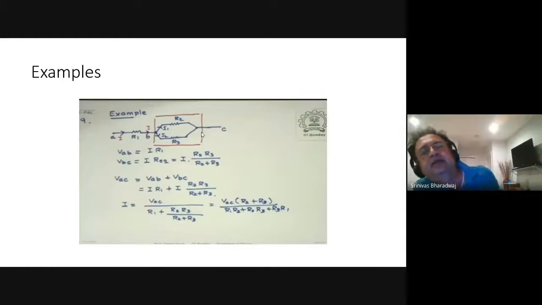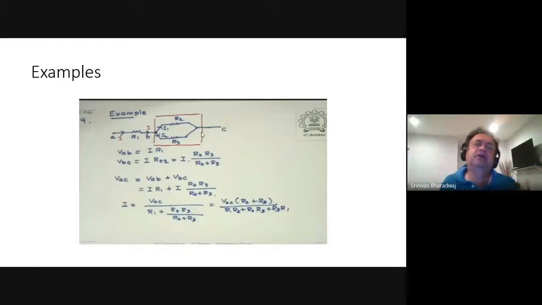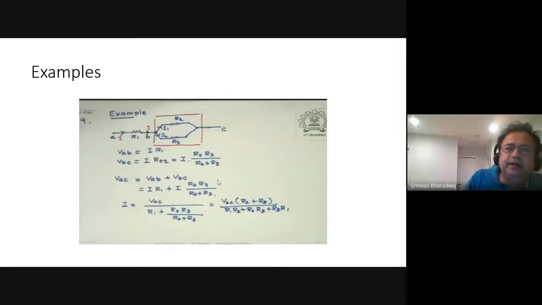And so once you have that equation, you have two equations and two unknowns. But the simple way to do that is to write the equivalent resistance R2 R3 divided by R2 plus R3, so I times R2 R3 divided by R2 plus R3 will give you the voltage.